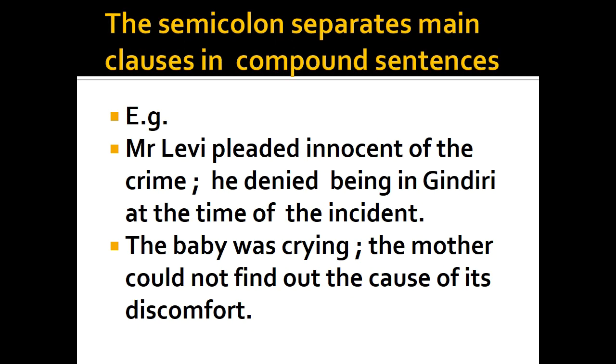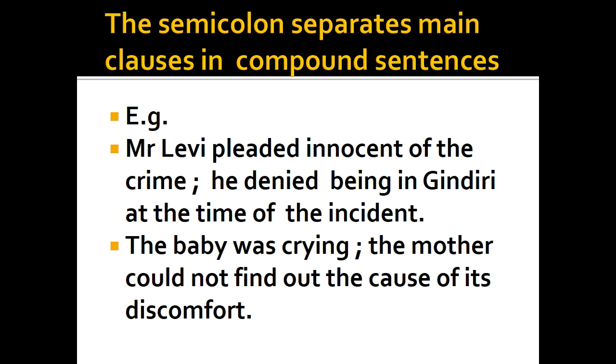Number 1. The semicolon separates main clauses in compound sentences. When we talk of clauses, they are a group of words that have a subject and predicate, and it can make a complete thought or not. That's why we have two types of clauses: the main clause, and the subordinate or dependent clause.